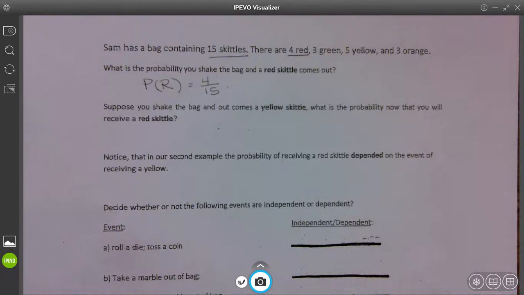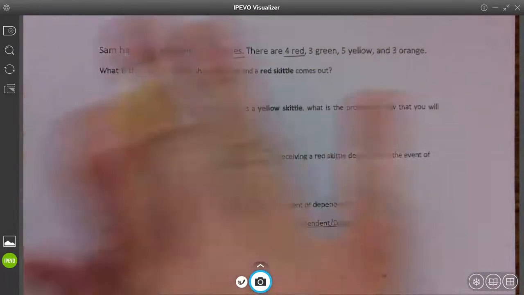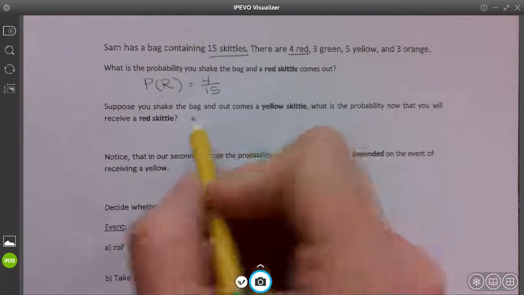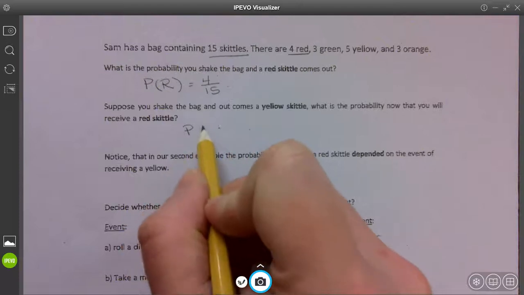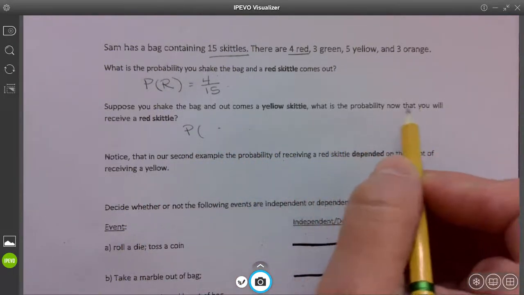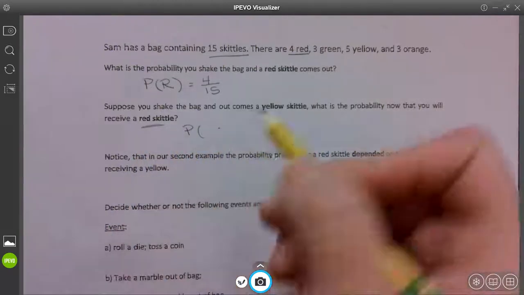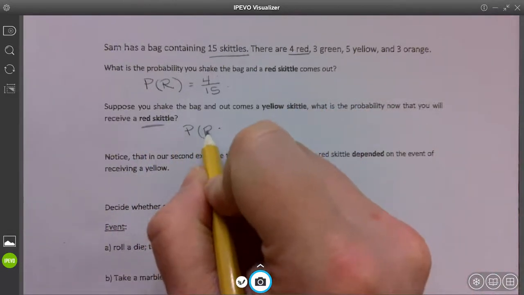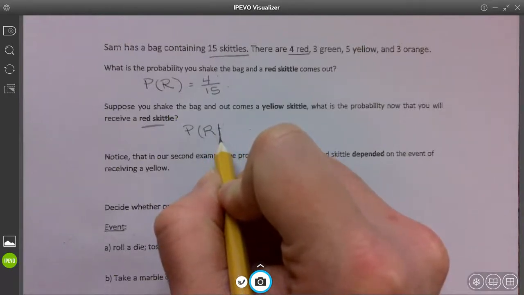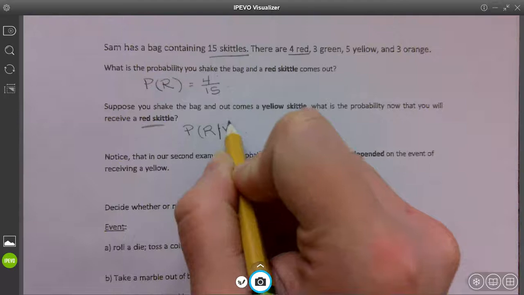It says, suppose you shake a bag and out comes a yellow Skittle. So we're resetting the bag. We still have 15 Skittles now. So what's the probability? You shake the bag, out comes a yellow Skittle. Now, what is the probability you see a red Skittle? So we want to know what the probability is that we get a red Skittle, given that we just had a yellow.